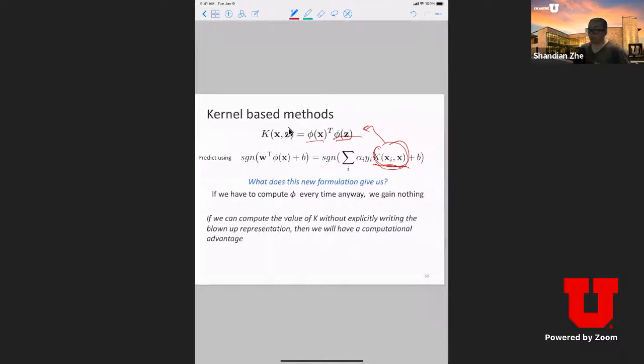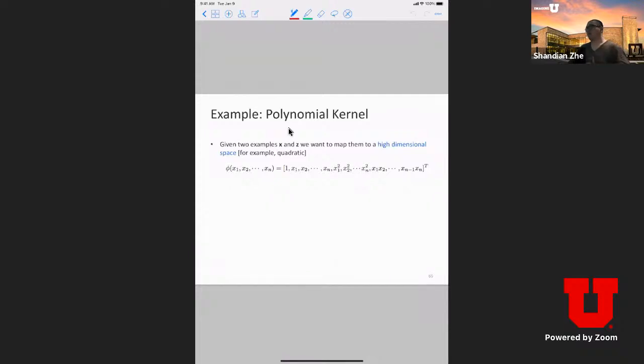So I want to showcase an example, right? If we just say that abstractly, it's not very clear. So if we look at this example, which is called the polynomial kernel, suppose we're given two examples x and z, and we want to map them to a high dimensional space, for example, quadratic space. And then in the mapped feature space, we run some support vector machine to find a linear classifier. How can we do that?